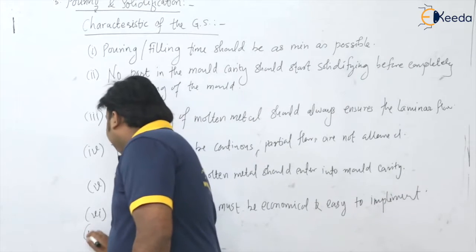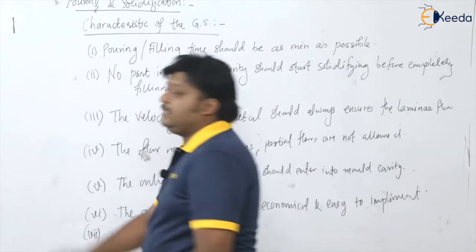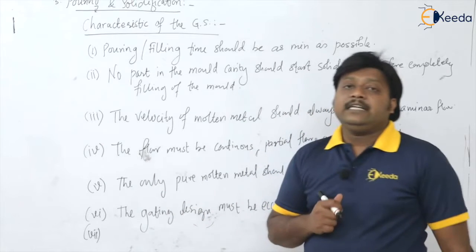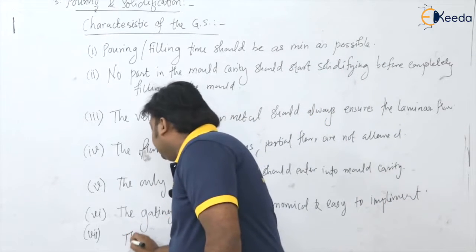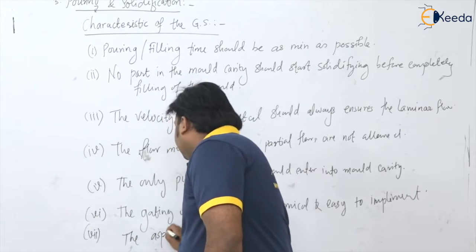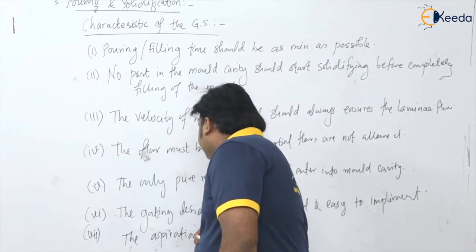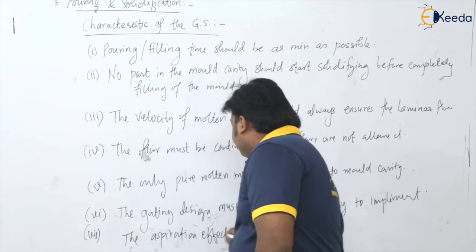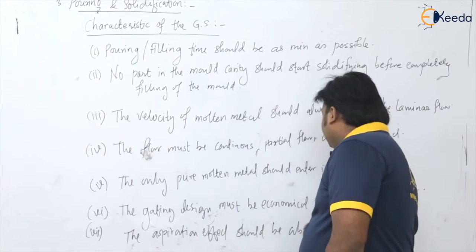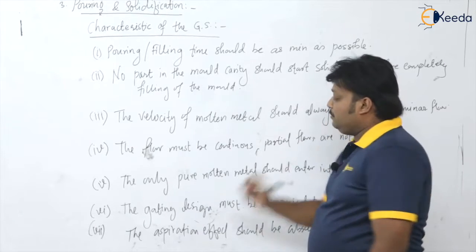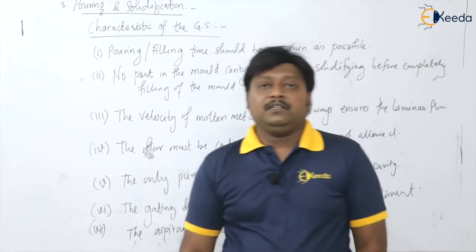Next, a very important characteristic that I am going to write here: the aspiration effect should be absent. We'll talk about the aspiration effect later on, but it is very important.